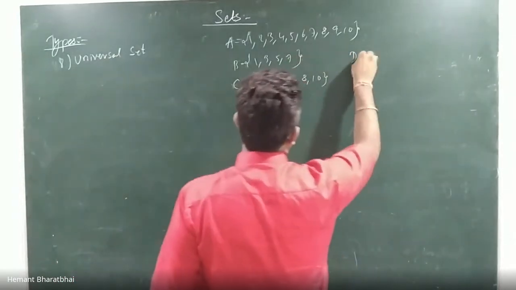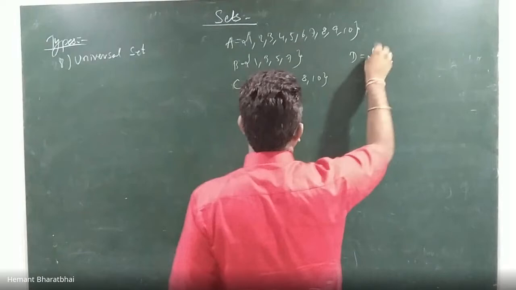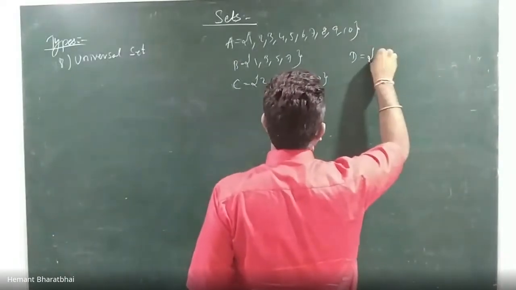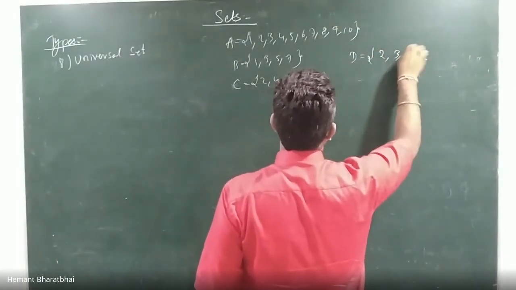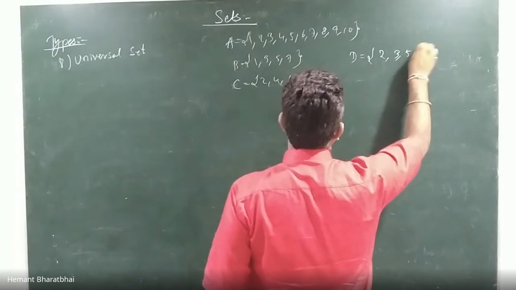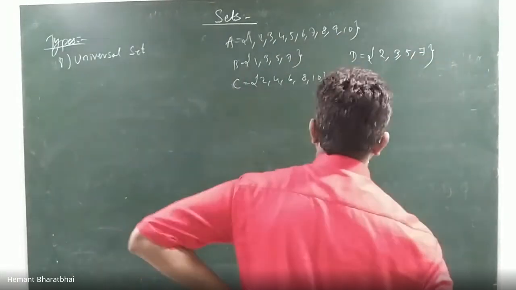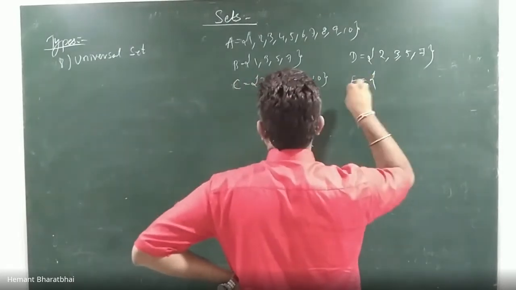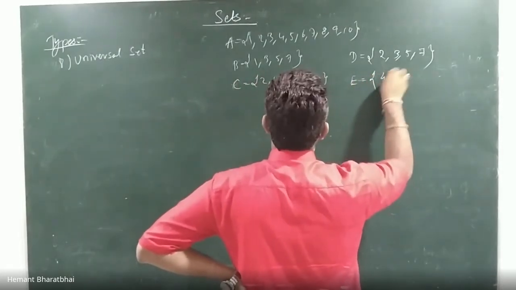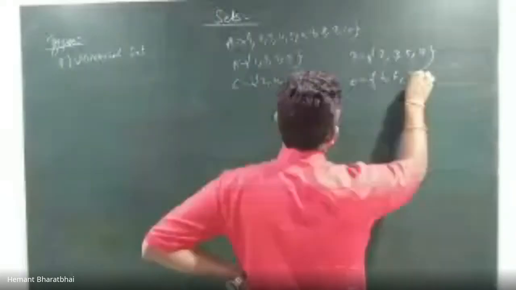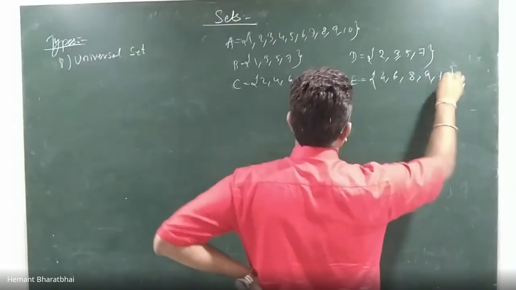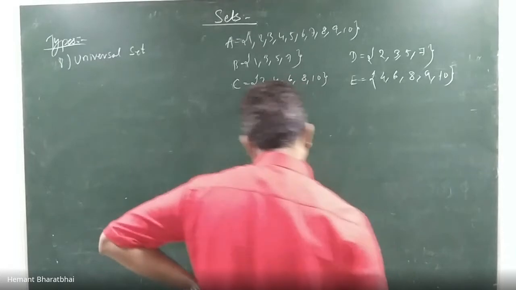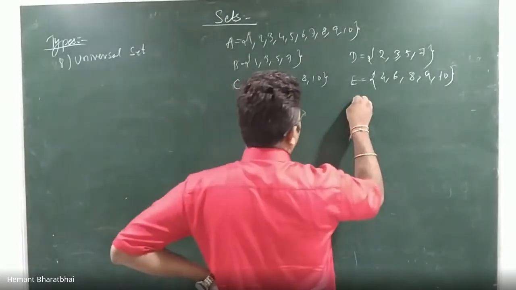I write set D as 2, 3, 5, 7. I write set E as 4, 6, 8, 9, 10.